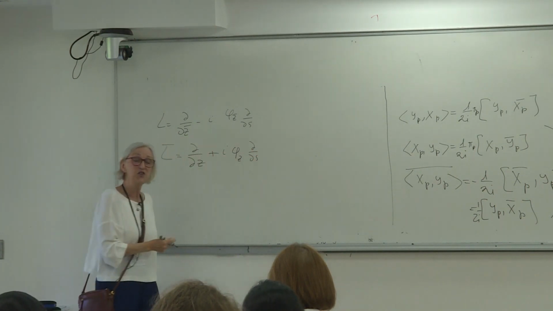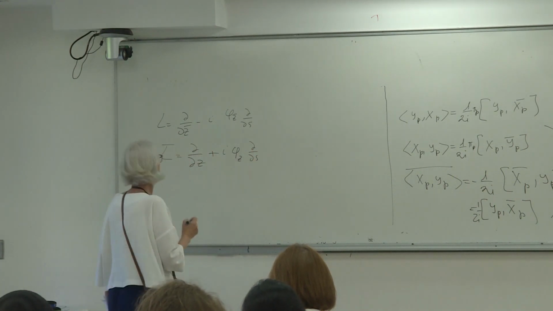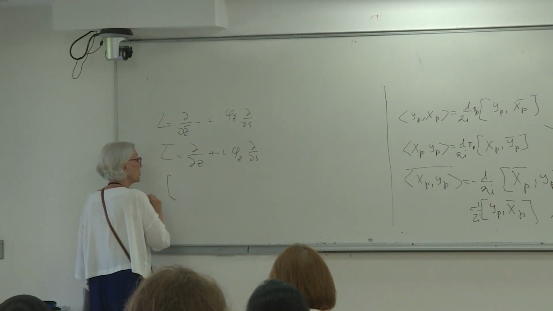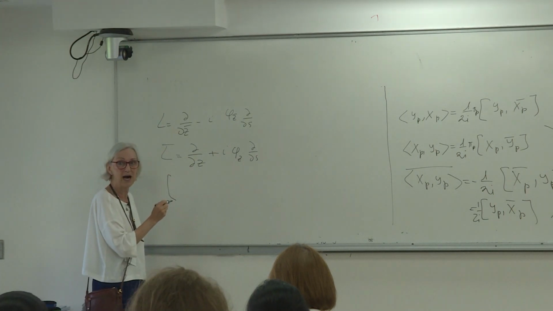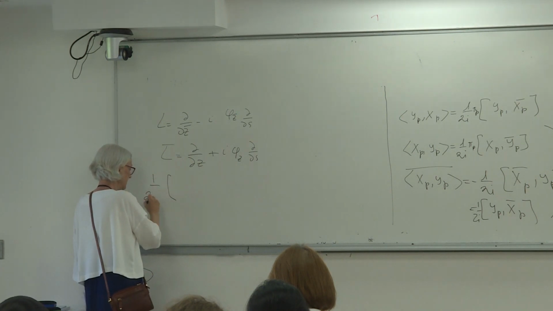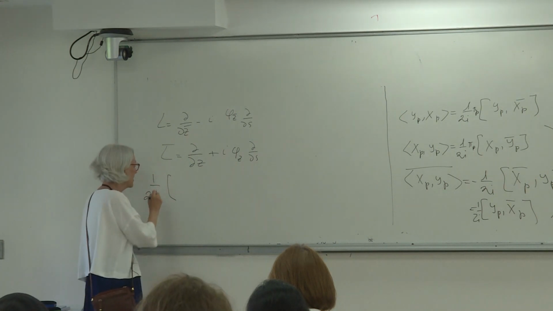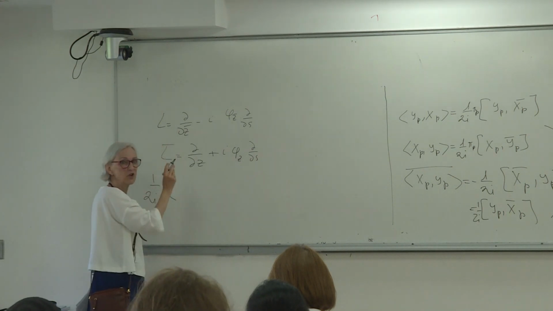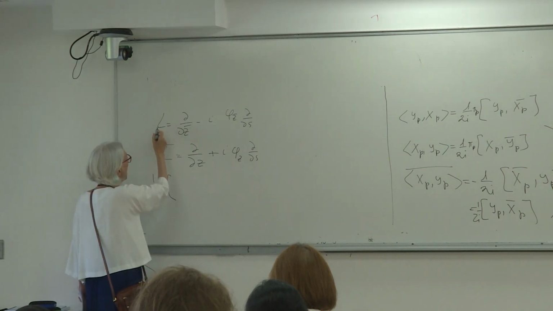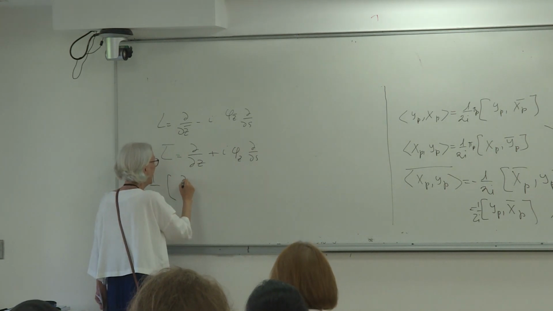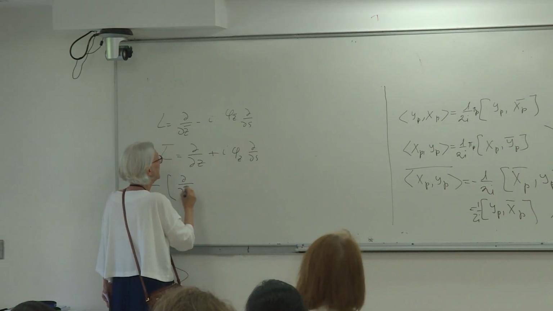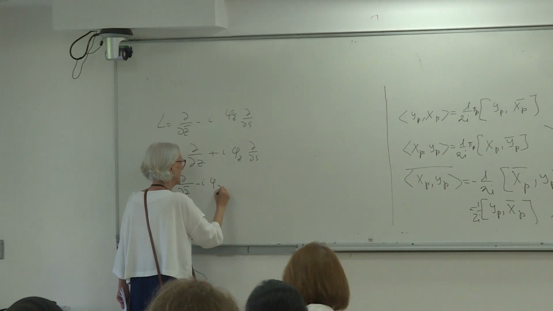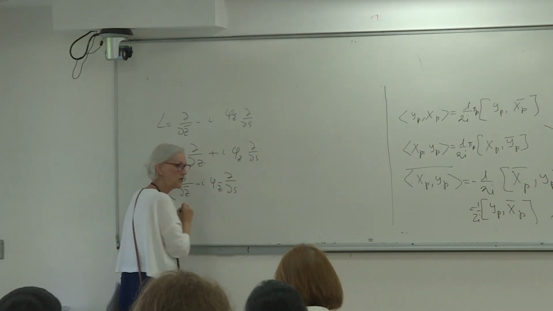Okay? So I have to compute the projection, but I will just compute L L bar. 1 over 2I, okay? Projection, but let's forget about the projection. There is no coefficient, there is no problem. So I have to compute d/dz bar minus I phi z bar d/ds, okay?